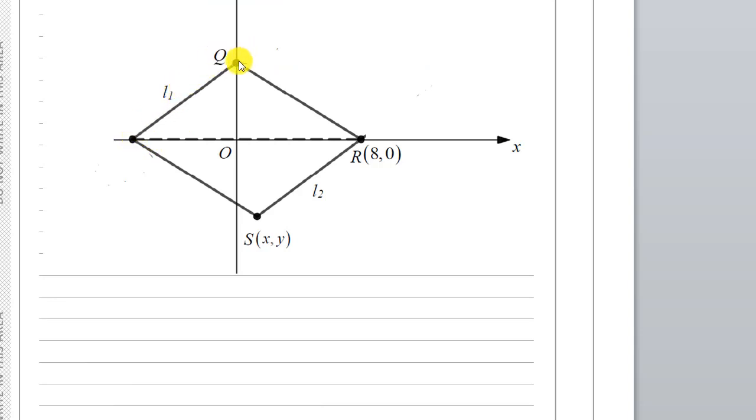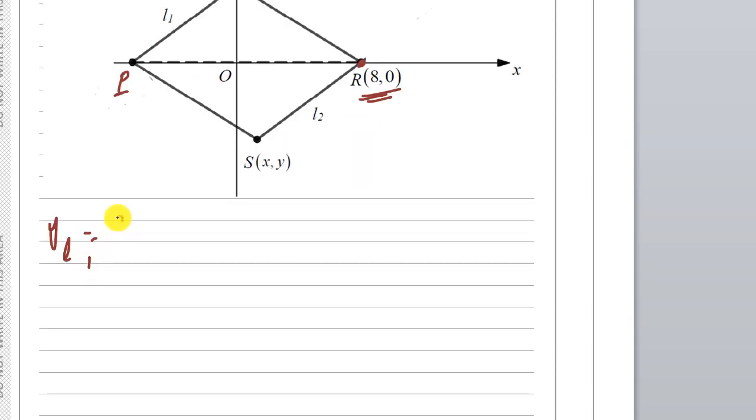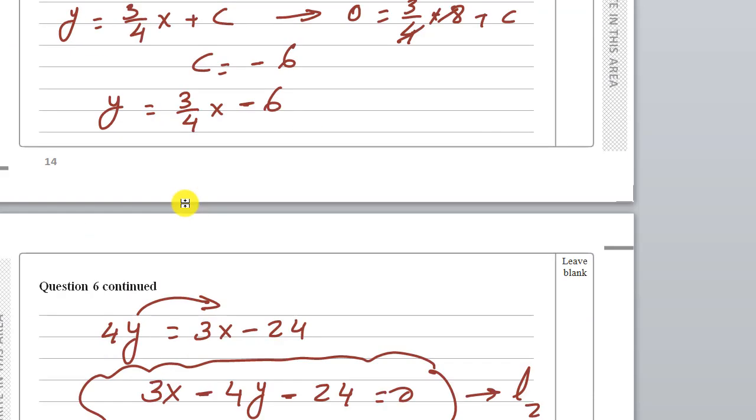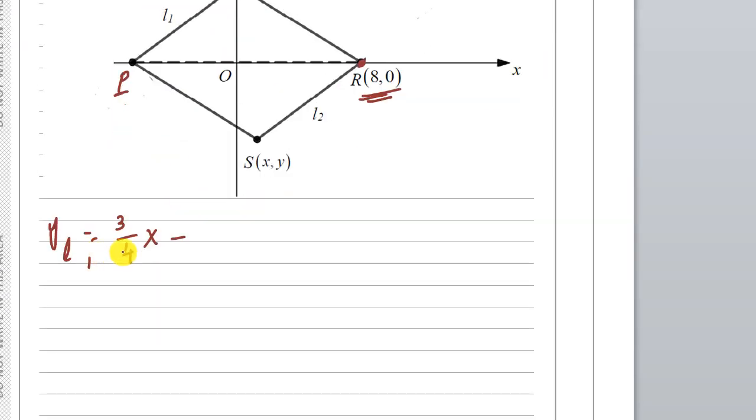This is L1, cutting the y-axis at Q and the x-axis here at P, and L2 is parallel to L1 and cuts the x-axis here at (8, 0). L1 is y equal to 3 over 4x plus 5.